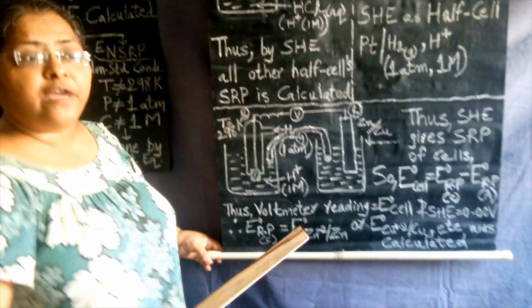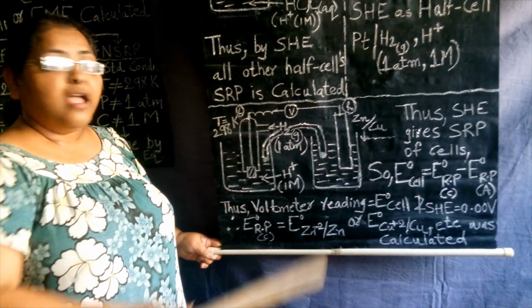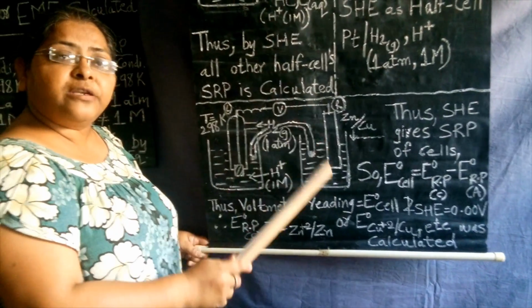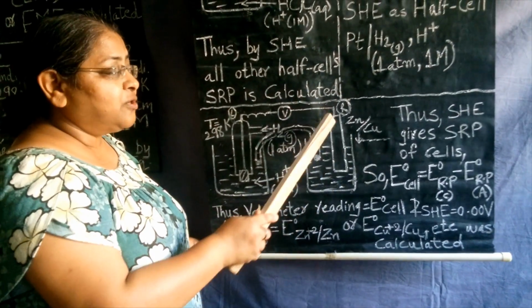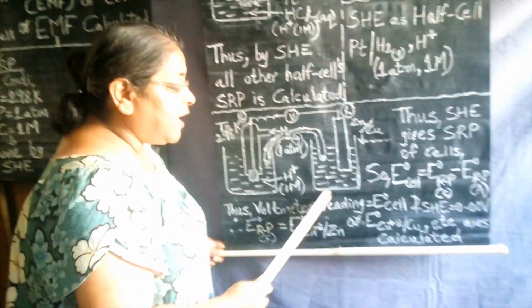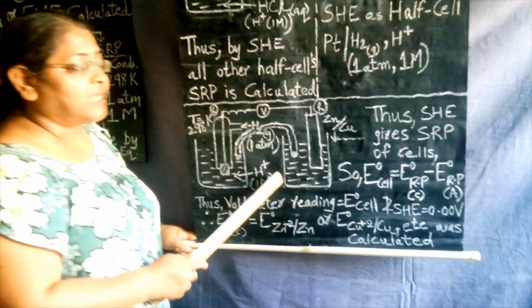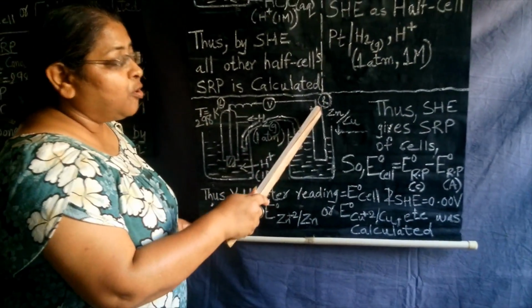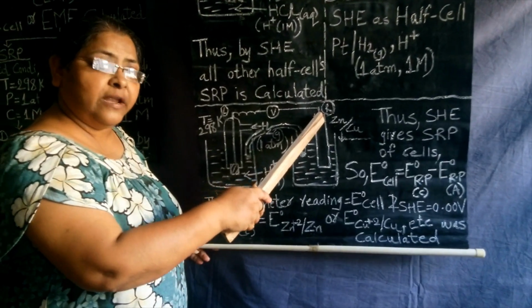And we know now, as we have already learned about the galvanic cell, that on the right hand side reduction takes place, that is, reduction potential is calculated. So we will take on this right side the metal rod whose reduction potential is to be calculated.